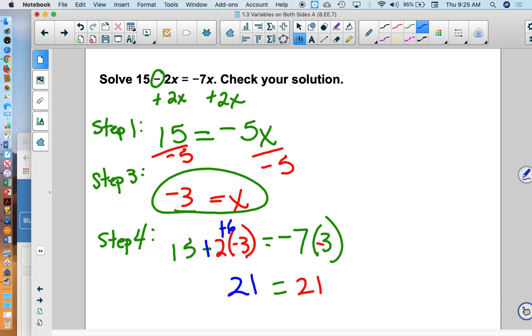So 21 equals 21. Okay? I did the check, and now I know, and I'm not going to miss it on my homework. But had we left it as a positive 3, we were wrong, and you didn't know it until you checked it. That's why this step is important. It's just as important as every other step.